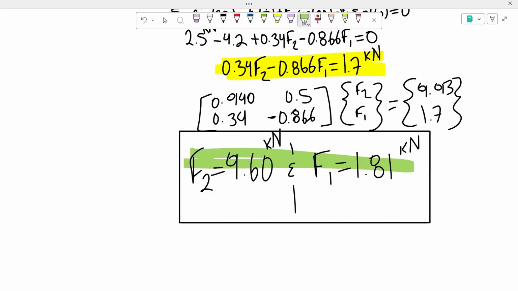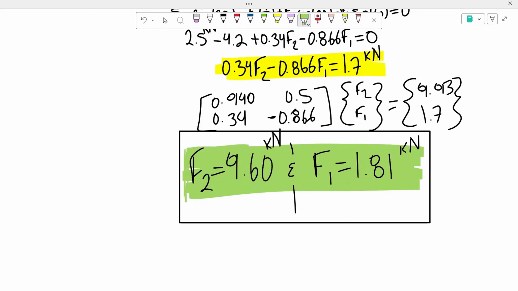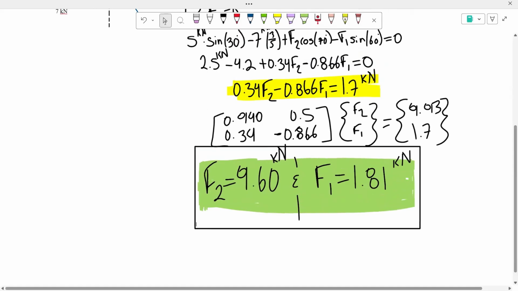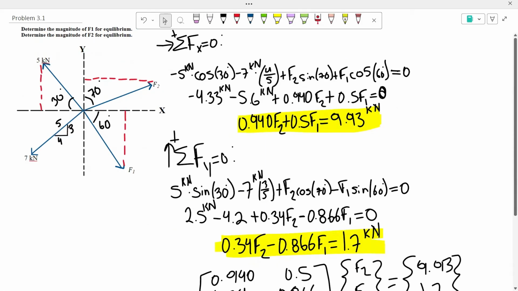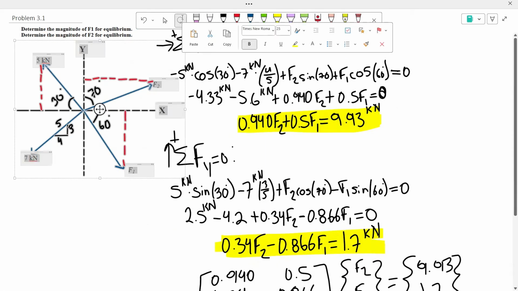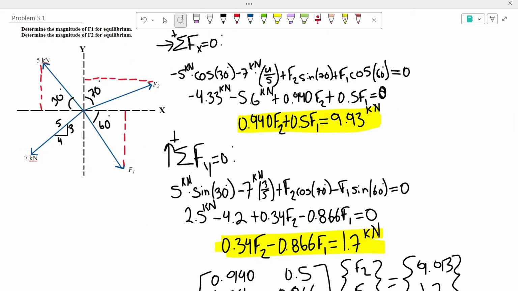By solving for F1 and F2, we also had to make sure that they would be in equilibrium, and we were able to find F2 and F1 so they could be in equilibrium. So once again, what we did is, if this was already set up like in a free body diagram, but if you had a more complex figure that was given to you, first you want to draw a free body diagram like this one right here.